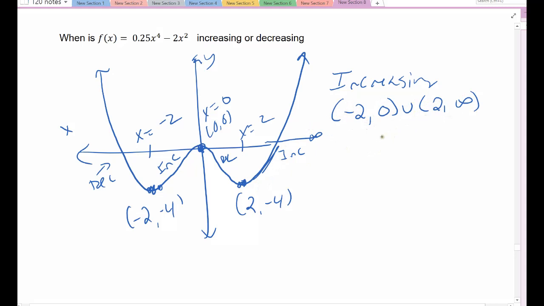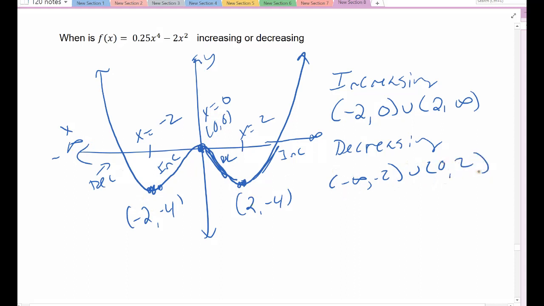It decreases from -infinity up to -2, so -infinity to -2, or this piece here from x equals 0 to x equals 2, so 0 to 2, it's decreasing, right?